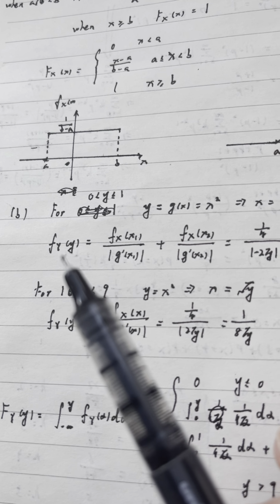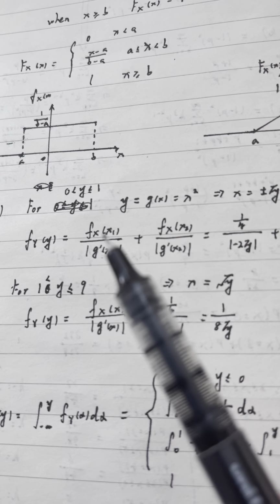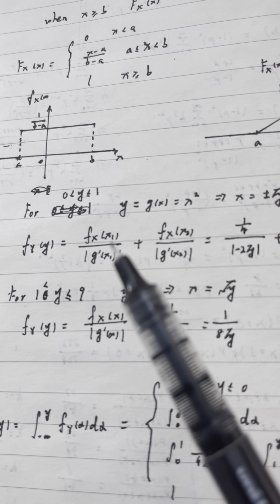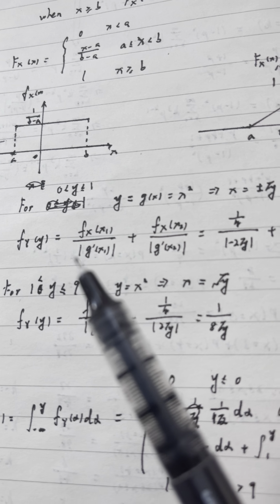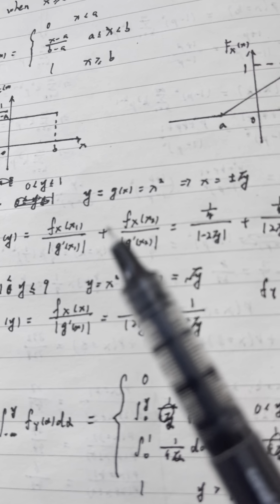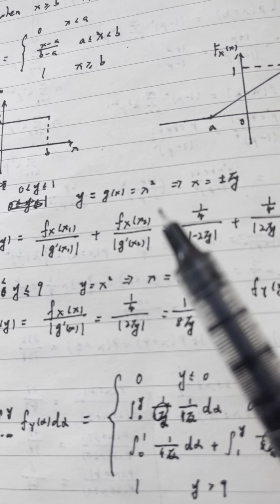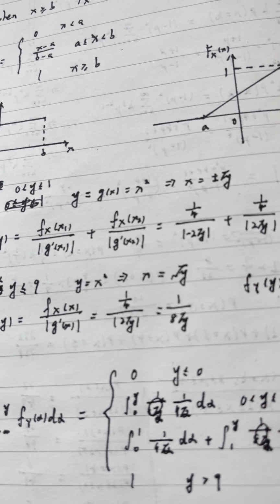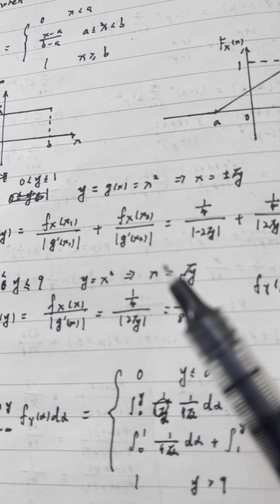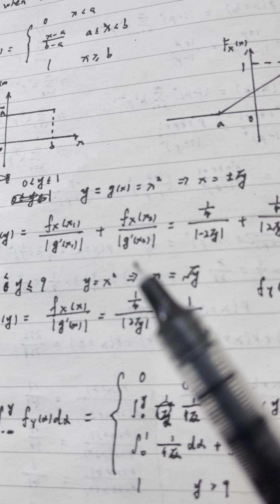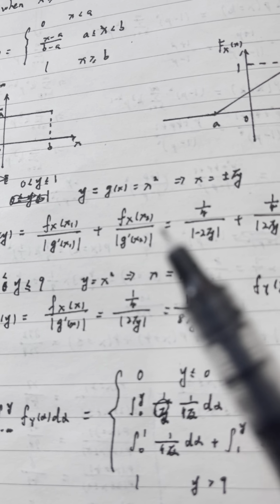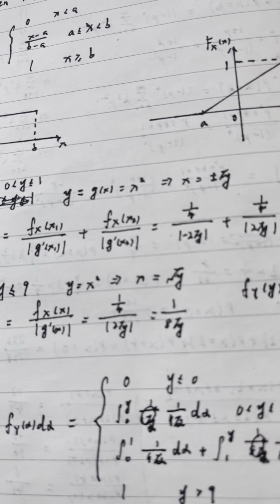The density function of Y equals the density function of X at x1 divided by the absolute value of the derivative g'(x1), plus the density function of X at x2 divided by the absolute value of the derivative g'(x2).